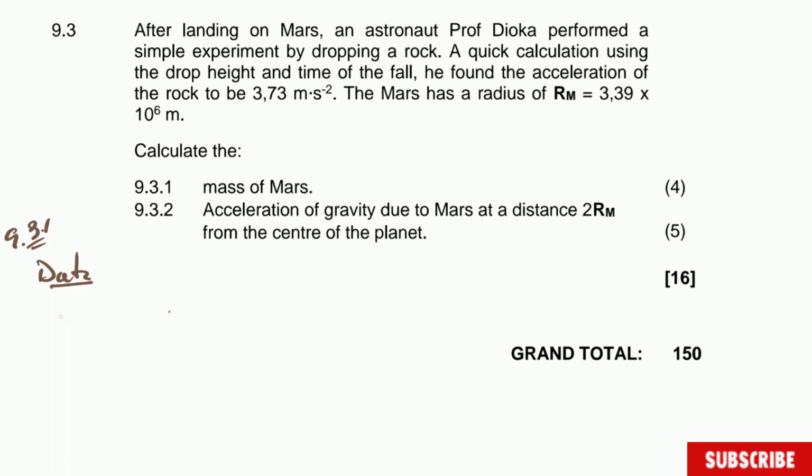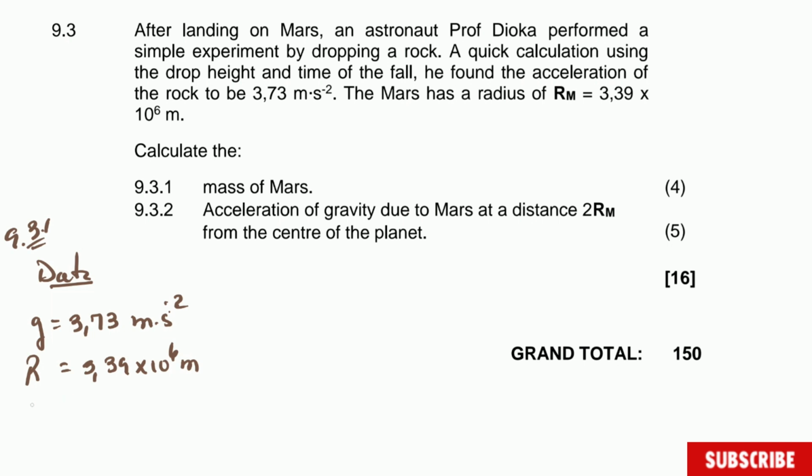They give us the acceleration to be 3,73 meters per second squared, and the radius of Mars is given to us. The radius is 3,39 times 10 to the 6 meters.